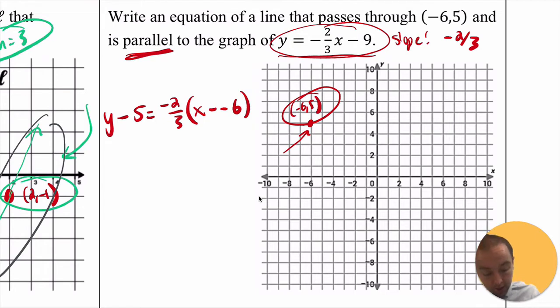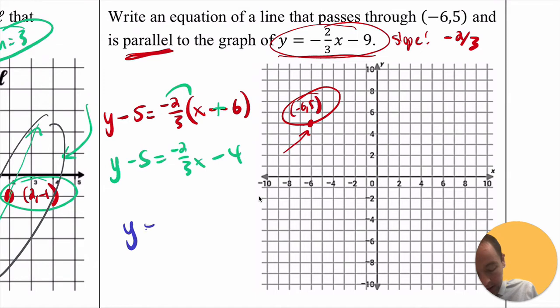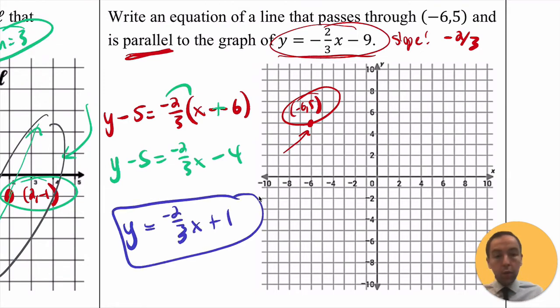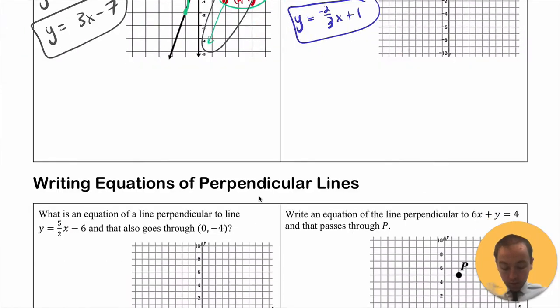It's not asking for slope-intercept form per se, but if we solve that, we would get -2/3 x, that's a plus, so -4, and then if I add 5 to both sides, we end up with y equals -2/3 x plus 1, in slope-intercept form.